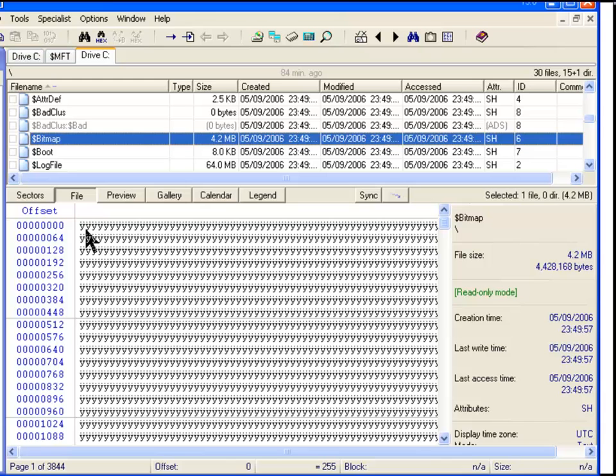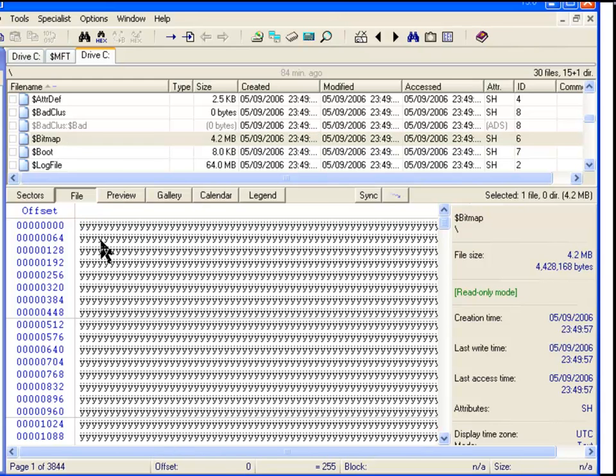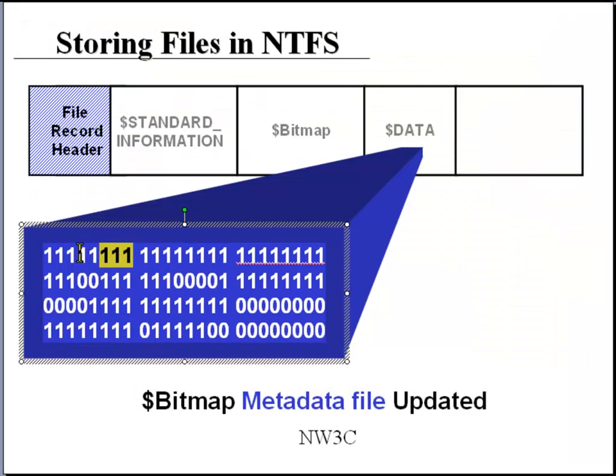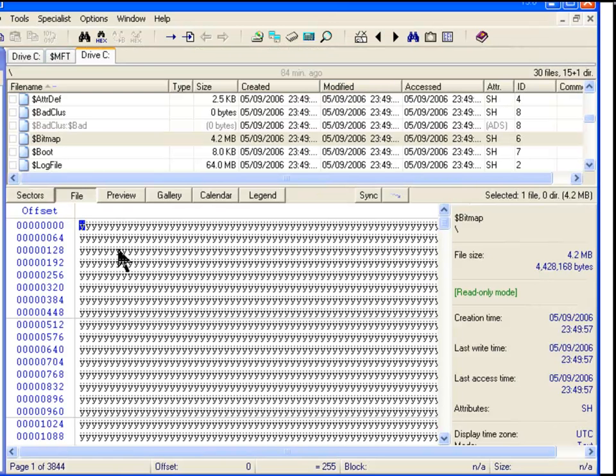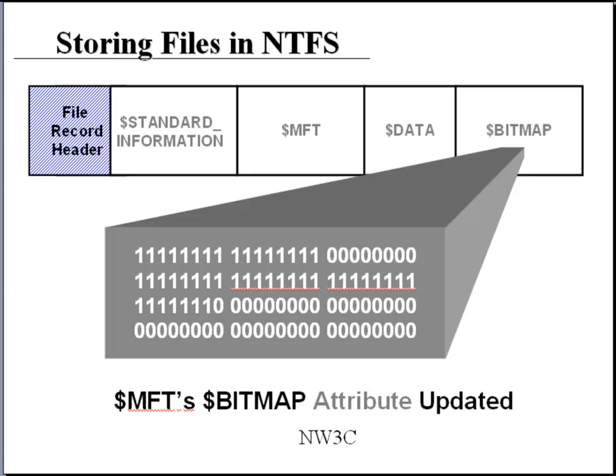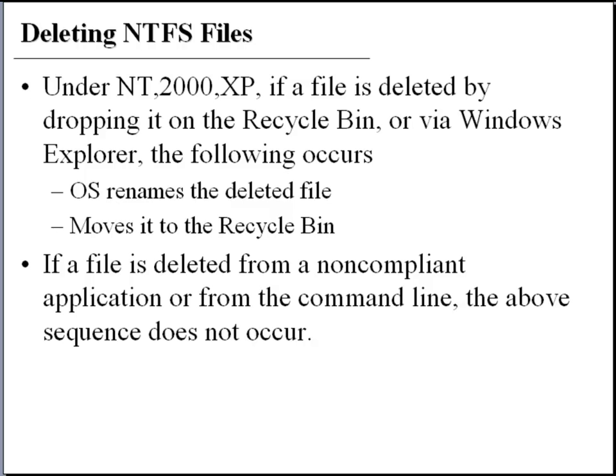You see right here, since that's a single character, that's going to be 8 bits. That's that right there. And so that indicates that those 8 clusters are in use. Finally, the master file table's bitmap attribute is updated, and that's how the file is written.